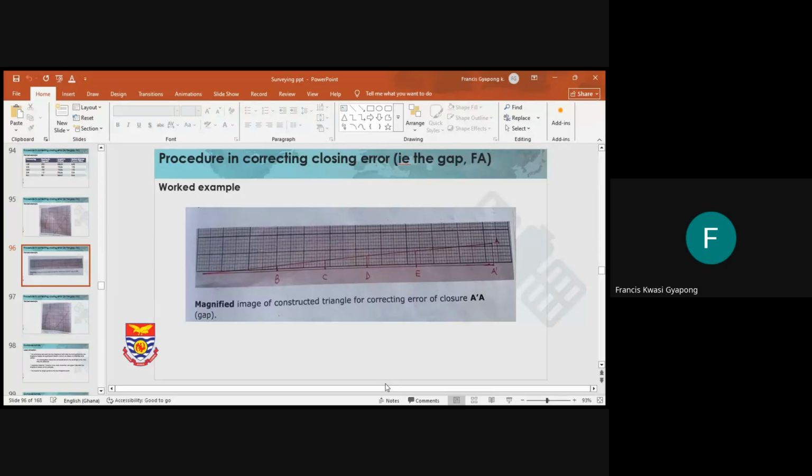It may correspond to the 30-degree line. But this time you know it is 0.4 centimeters in length. So you have another short line over there.